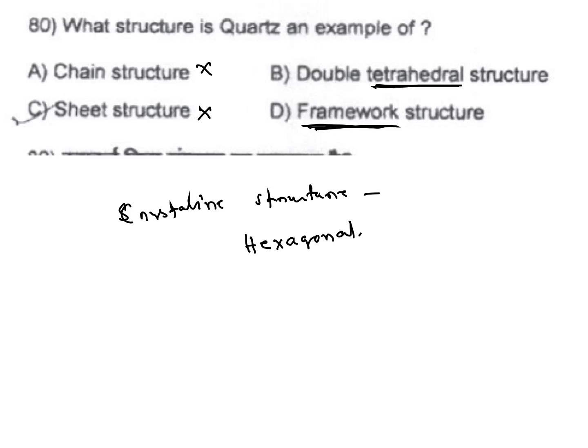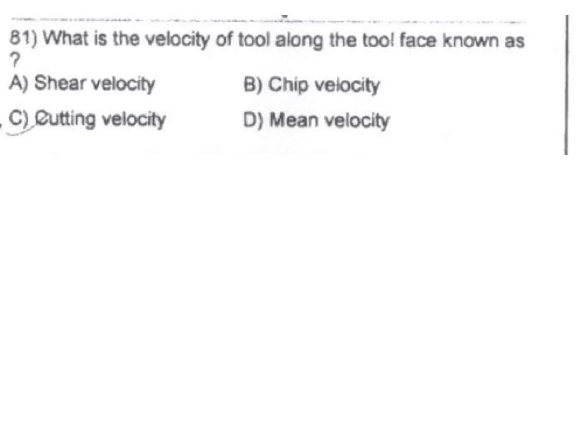Velocity of tool along the tool face. This should be chip, a spelling or printing mistake. Velocity of chip along the tool face. Already we did that diagram. The chip velocity will go in this direction.